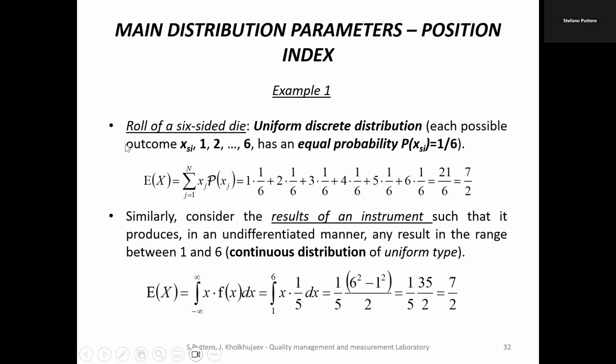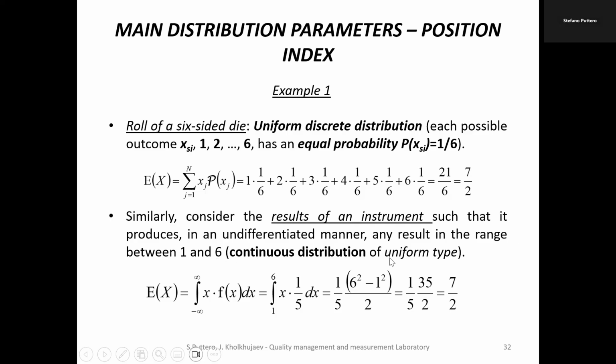Of course, the reasoning that we have already done with the discrete random variable can also be made for the continuous distribution. Here at the bottom of the slide, we have an example of the results of an instrument that produces results in an indifferent manner in the range between 1 and 6.